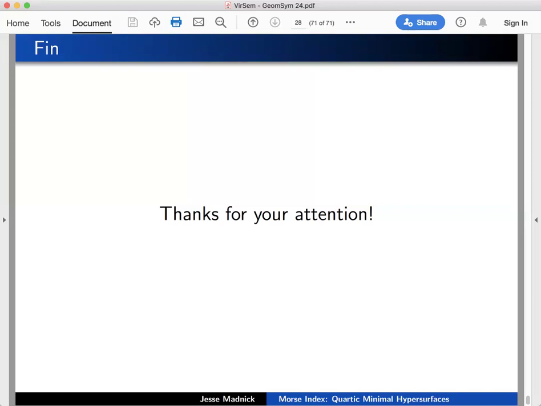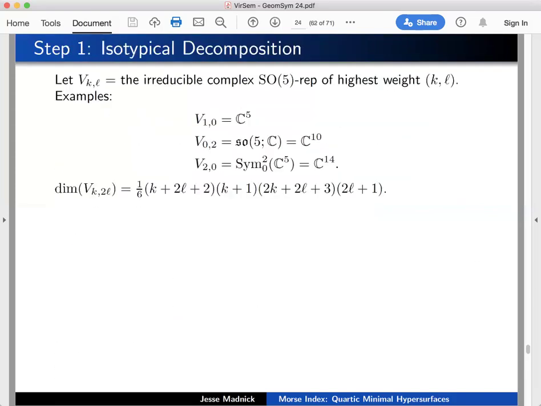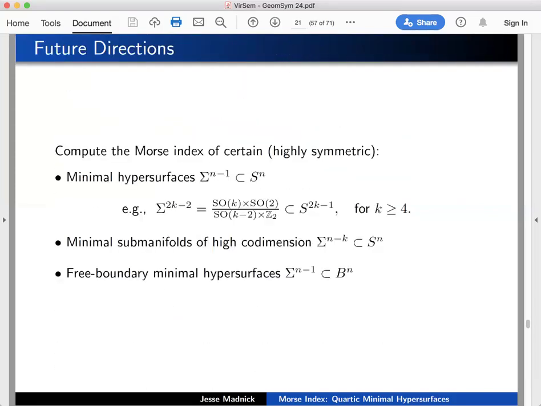Are there other questions? You mentioned looking at the case of perhaps free boundary minimal hypersurfaces. Would that involve the Steklov spectrum instead? Yes. So those wouldn't even be homogeneous. Those would be cohomogeneity 1.